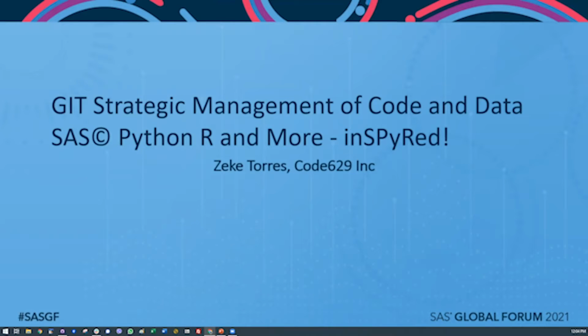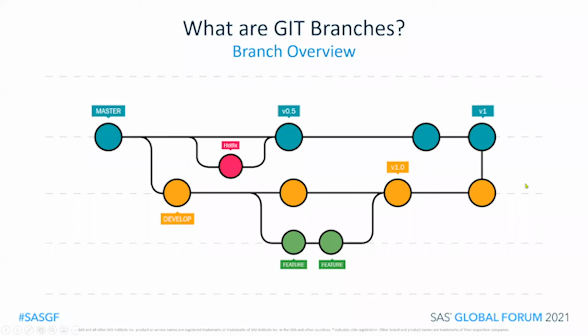This segment is all about what Git branches are. So let's take a look at an overview of the idea of branches. The easiest way for me to explain it is that when Git does its magic, it is because it's a database at its core.